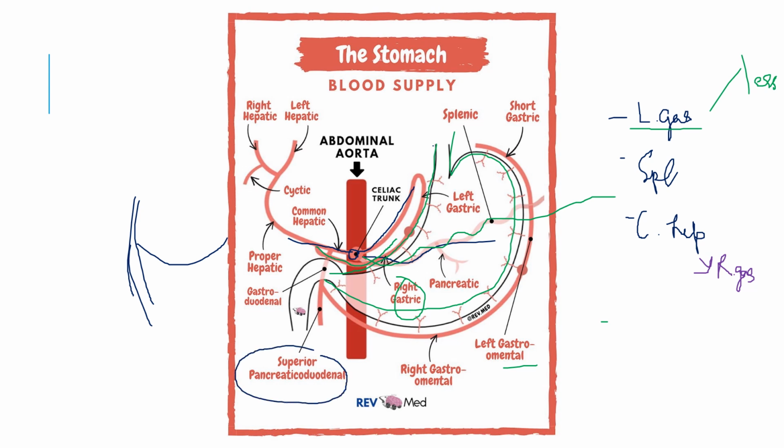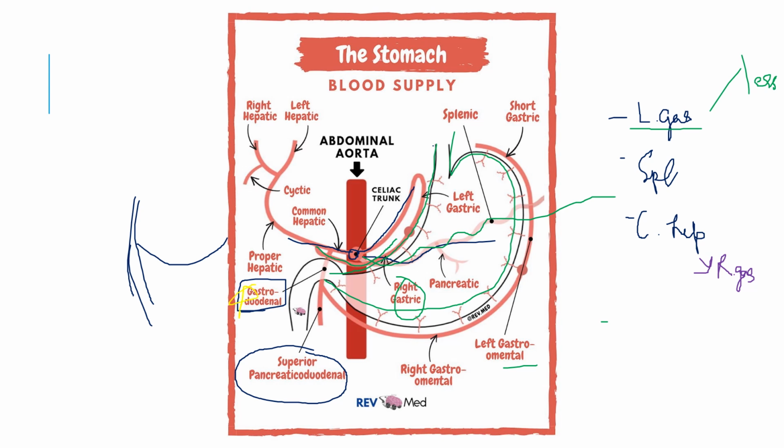pancreatico-duodenal. This gastroduodenal artery is important because this is the artery that bleeds when there is a perforation on the posterior aspect of the duodenum in case of duodenal ulcer. So with posterior ulceration and perforation of a duodenal ulcer, the bleeding is from the gastroduodenal artery.